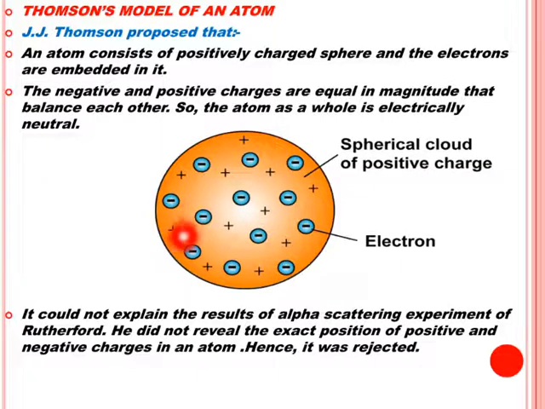The negative and positive charges are equal in magnitude, so they balance each other and make an atom as a whole electrically neutral. But this model could not explain the results of alpha scattering experiments of Rutherford. It did not reveal the exact position of positive and negative charges in an atom, so this model was rejected.